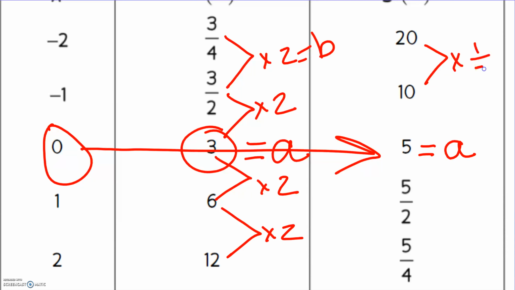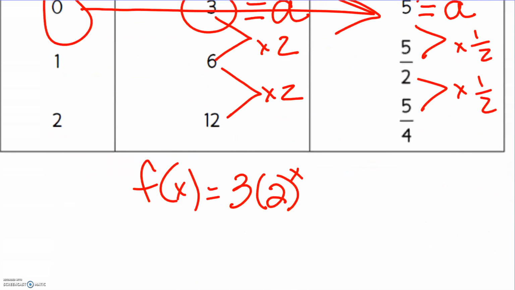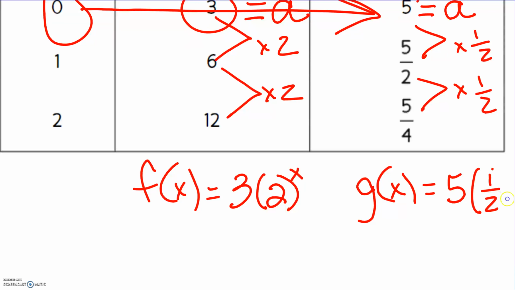And I see I'm multiplying by 1/2. Multiply by 1/2, same here, same here. I'm always multiplying by 1/2 to get to the next term. So my b value is 1/2. So g of x here is a, which is 5, times b, which is 1/2 to the x power.